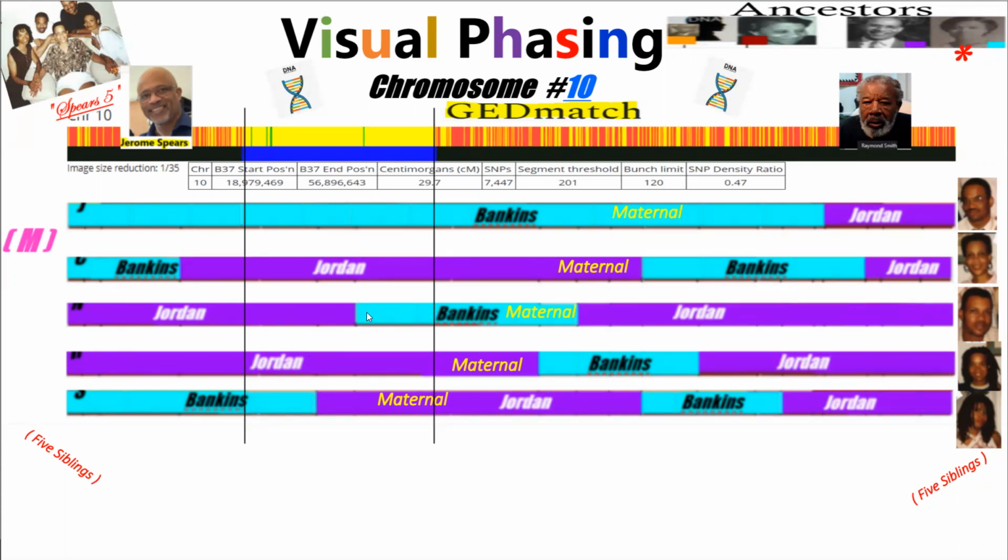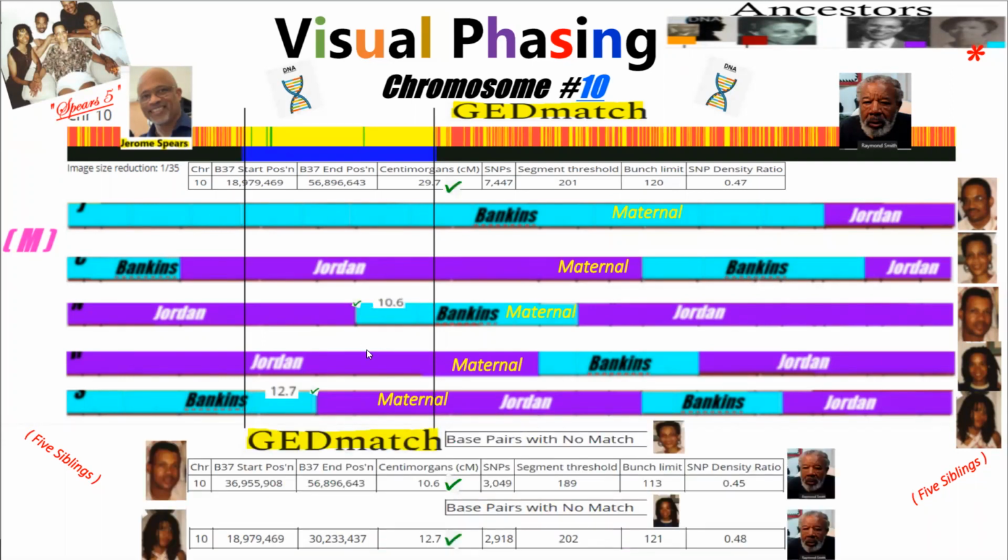It happened halfway in between, where one's getting the DNA on the front end, the other's getting the DNA on the back end. So if I actually put them in and assess the hits that they might have with Raymond, we see Nason has a 10.6 centimorgan hit with Raymond on chromosome 10. Sandy has a 12.7 centimorgan hit, also with Raymond.